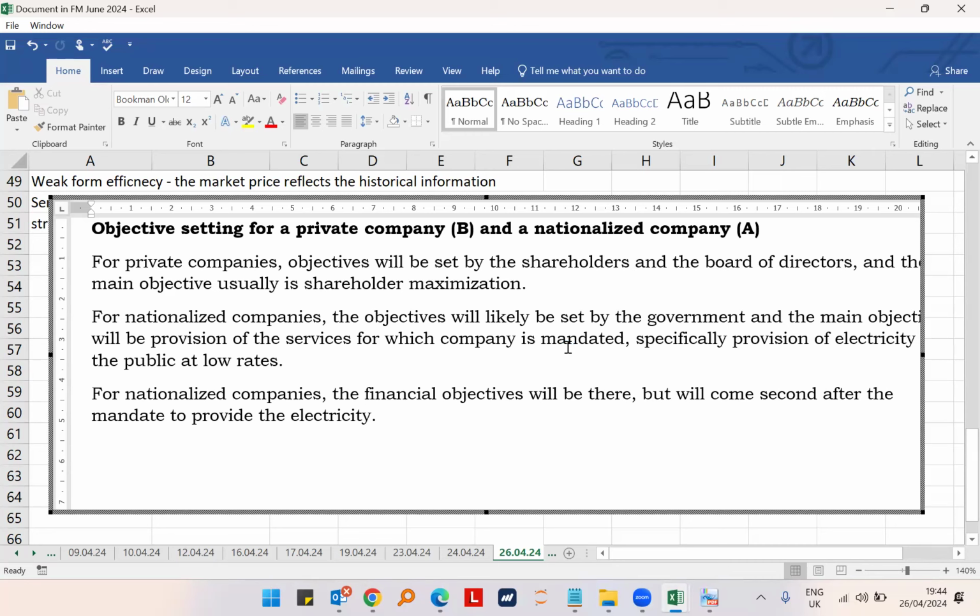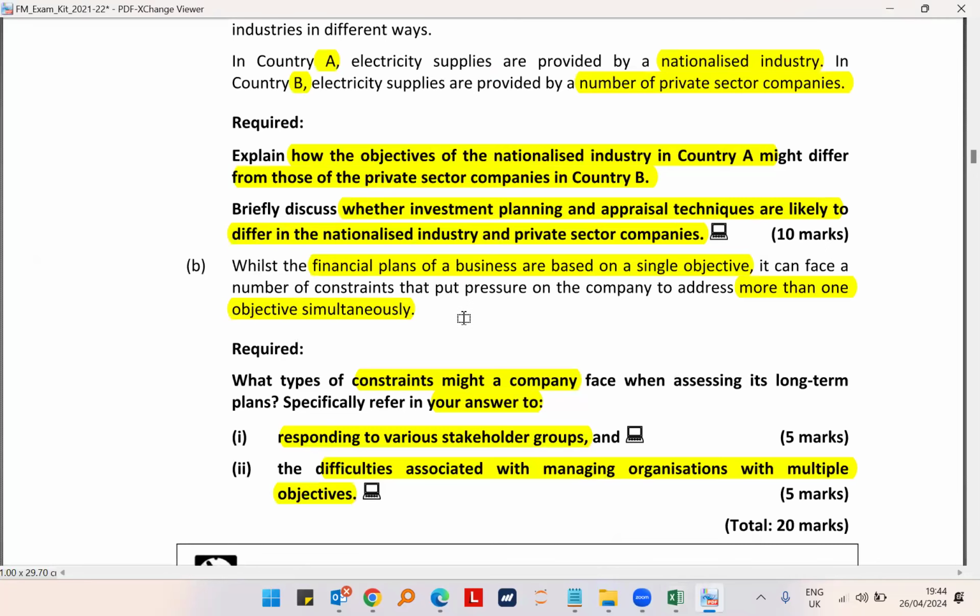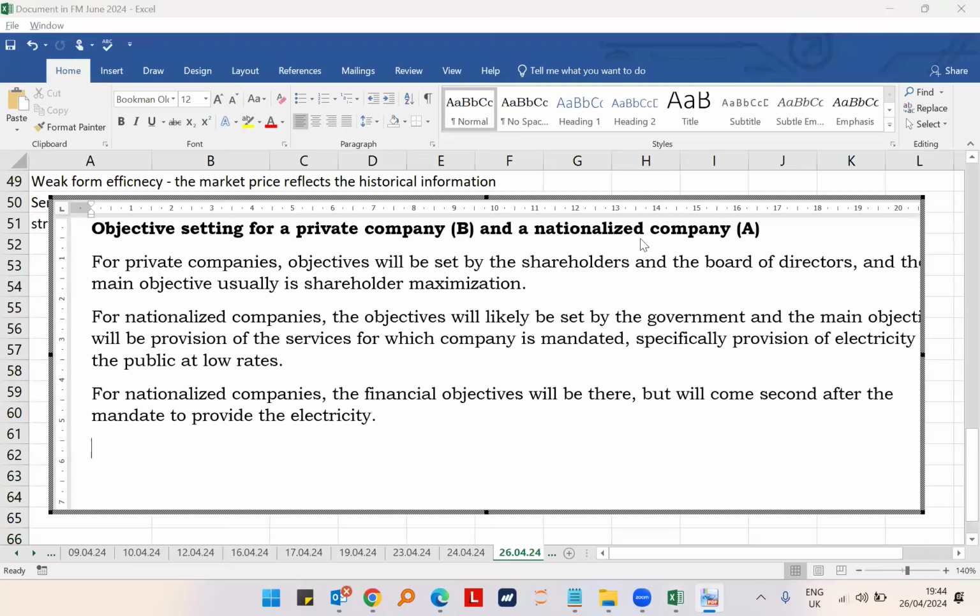Now we need to determine, remember the question, we need to make sure we are answering all parts of the question. So we have discussed the objective setting, but now let's look at investment planning and appraisal techniques, if they are going to be similar or different. Now, investment planning looks at, should we maybe buy new assets?